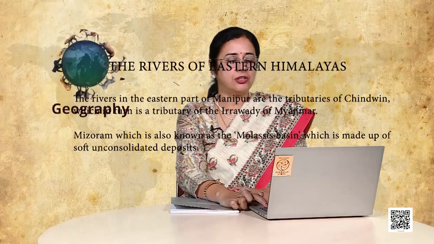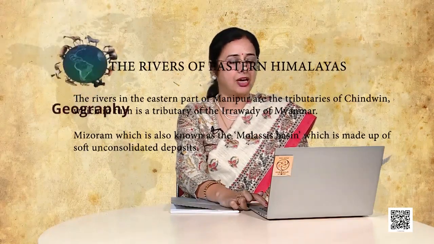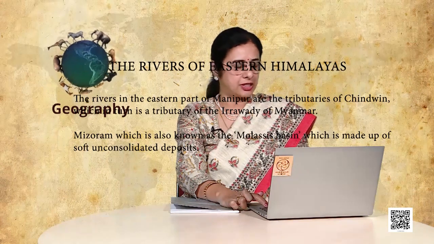Mizoram is also known as the Molasses Basin, which is made up of unconsolidated soft river sediments. This molasses, with its mountainous topography, contains many foreland basins, which are valley-type depressions running parallel to the mountain ranges. So, this is the last subdivision of Himalayas.